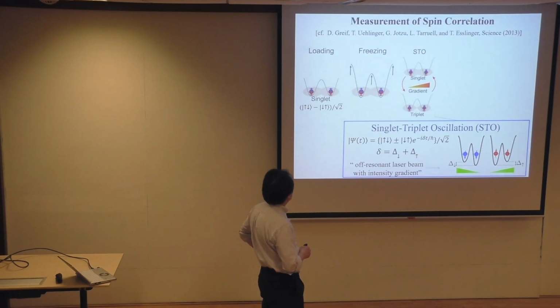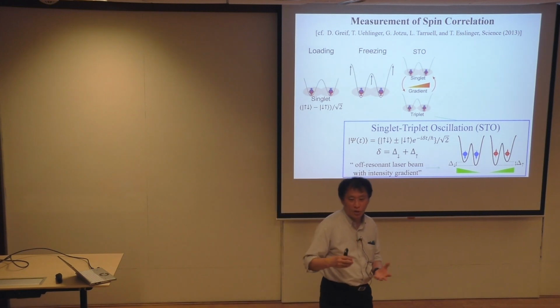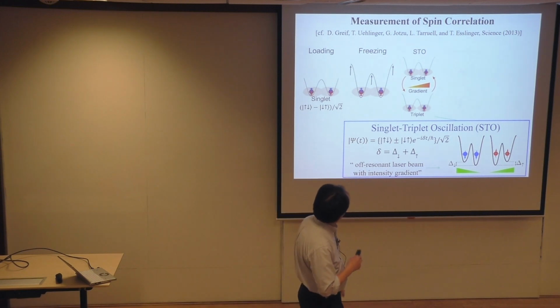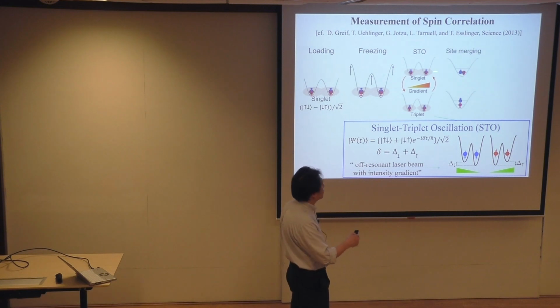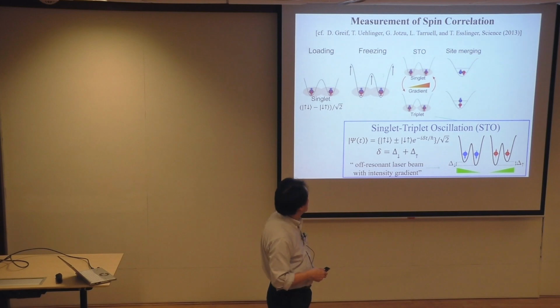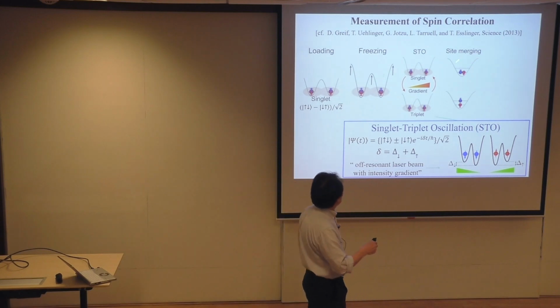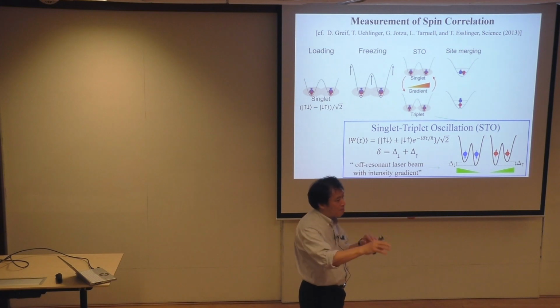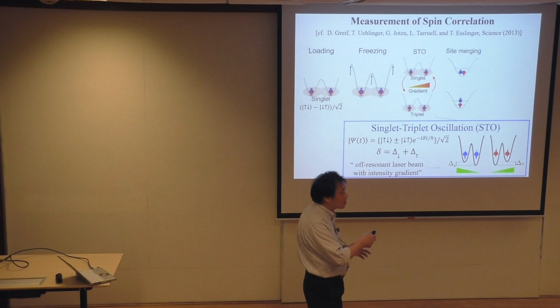After we perform the STO process, we merge these 2 sites into a single site. If a spin singlet state is formed, then 2 atoms occupy the same vibrational state in the merged single site.